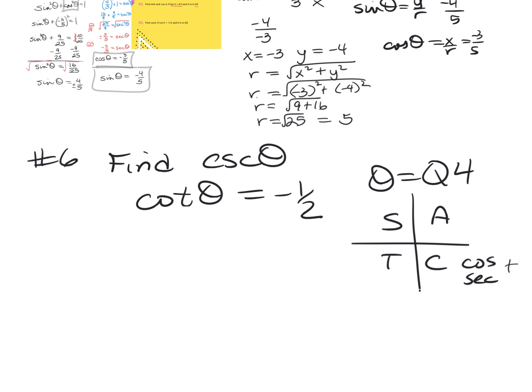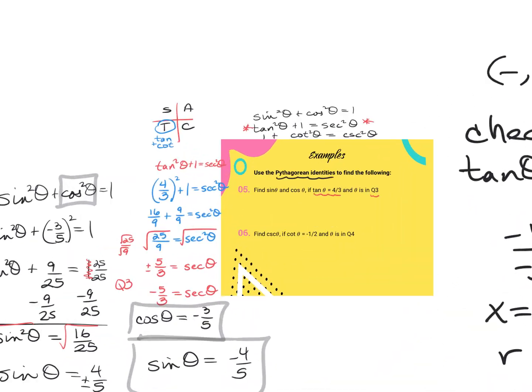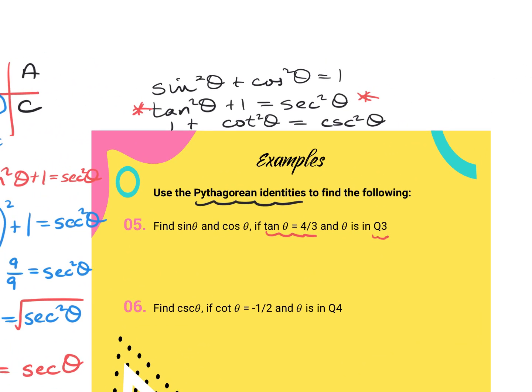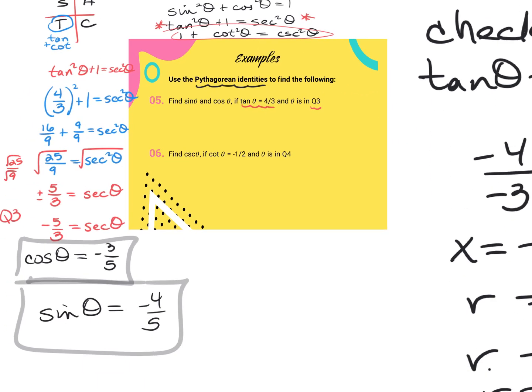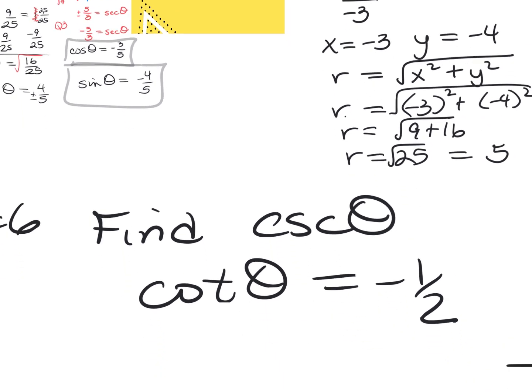Now, I'm going to go up and see my 3 identities. And notice out of the 3, the one that I need to use, because they gave me cotangent and I'm looking for cosecant, is the bottom one. The 1 plus cotangent squared theta equals cosecant squared theta. Let me come down here where I wrote the problem.